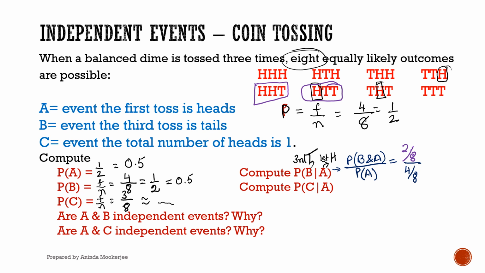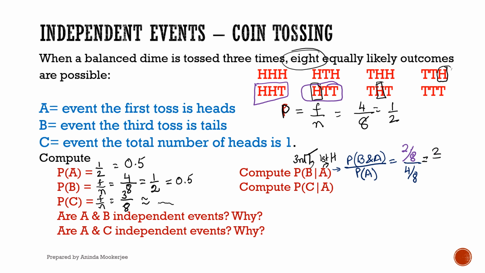2 out of 8. So out of 8, we have 2 cases where we have H for the first toss and T for the third toss. So now you have to do this fraction division. 2 divided by 8 divided by 4 divided by 8 would be how much? What do you have to do to divide fractions?